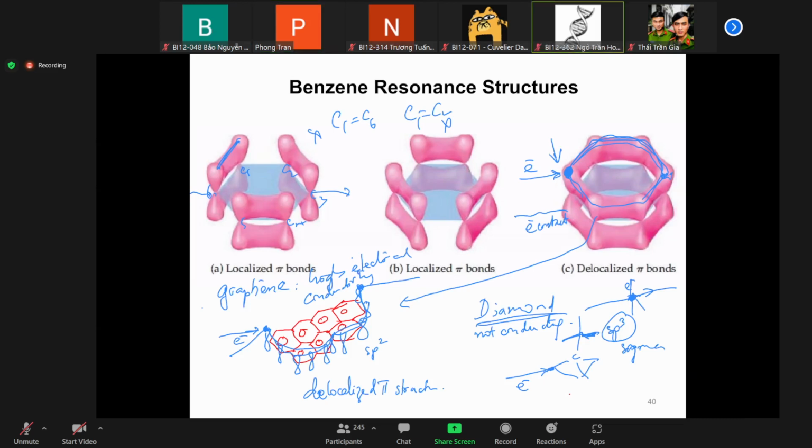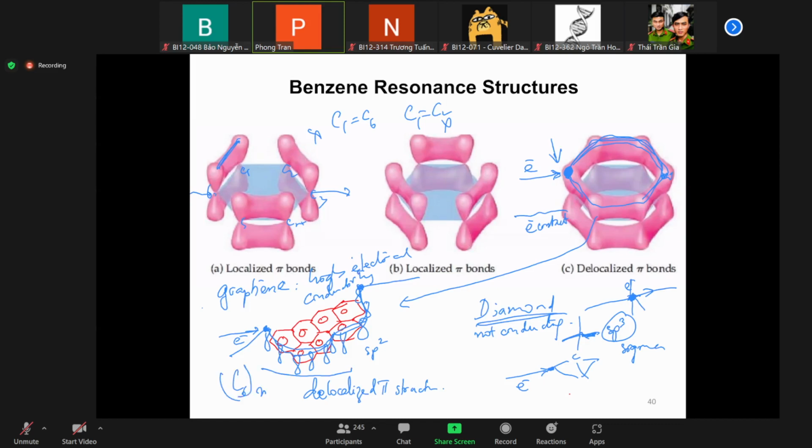Okay. Then if you extend the concept not only for C6, but for C6n, that means you use n times the benzene rings and put them together in the structure of one material we call graphene. So graphene has this structure of C6 n times. The concept will be the same.